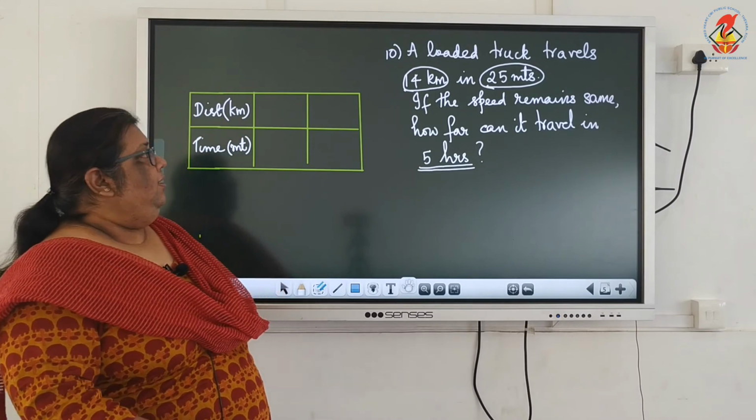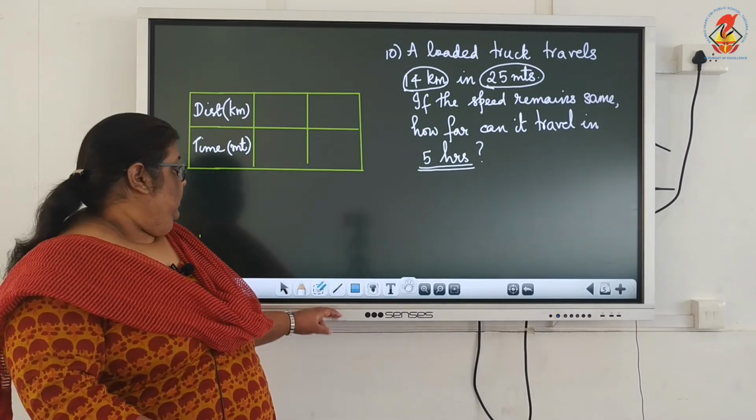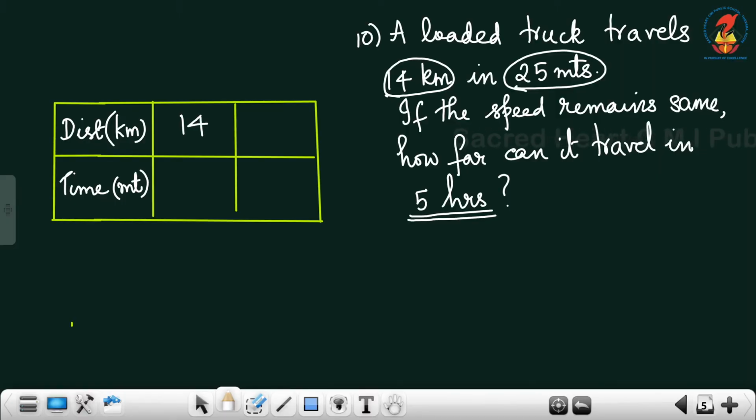Then what all are given here? Distance in kilometers and time in minutes. So, distance 14 kilometers, the time taken is 25 minutes. So, what is the distance travelled in 5 hours? But here it is 25 minutes. 1 hour is equal to 60 minutes.